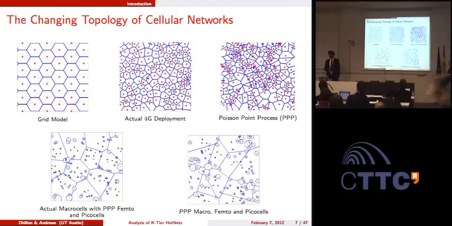But as you can see in the left and rightmost figures, there is no mechanism to control the distance between the base stations, and we will end up with very close base stations. This is one. And second, with the deployment of femtocells, do you change the average density of the Poisson point process for femtocells?